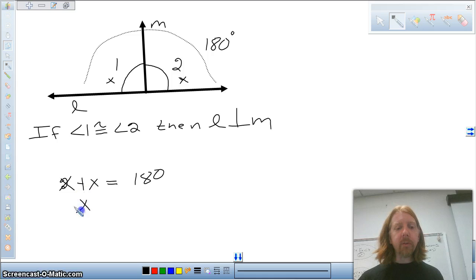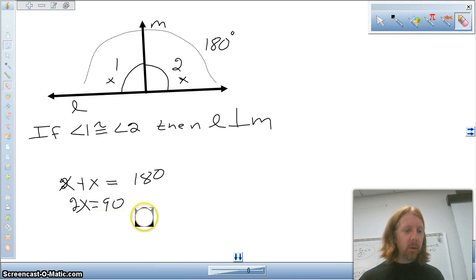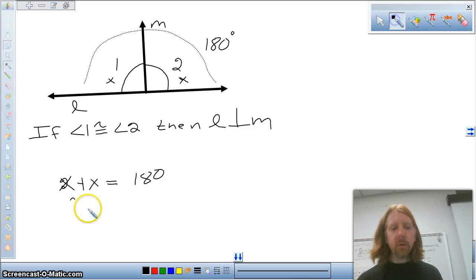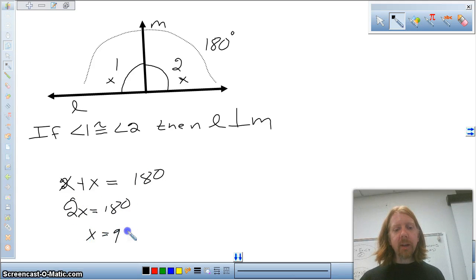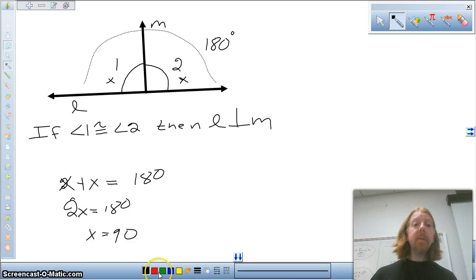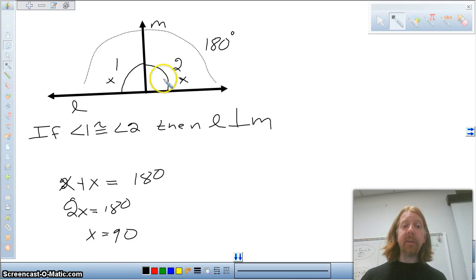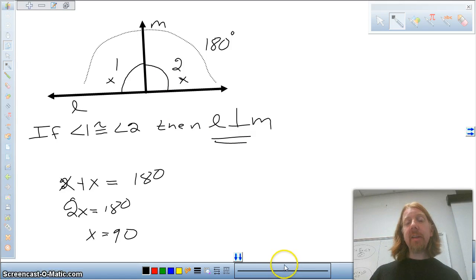Solve for x. 2x is 180, and therefore x is 90. That would imply then that each of these is 90 degrees, and that this conclusion follows. But by stating it as a theorem, I don't have to do the work of that proof every time I want to explain it. And that would be the last of these perpendicular theorems listed in 3.4.